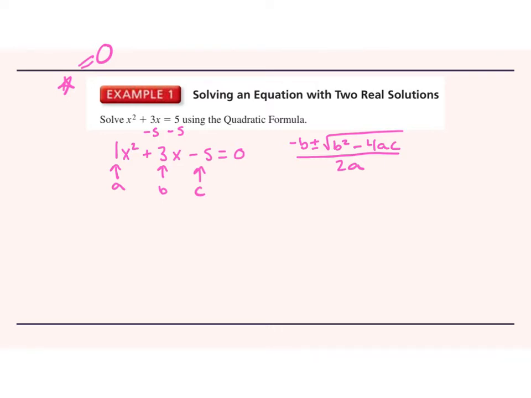So now we plug in. So we have negative 3 plus or minus the square root of 3 squared minus 4 times 1 times negative 5, over 2 times 1. And then we simplify.